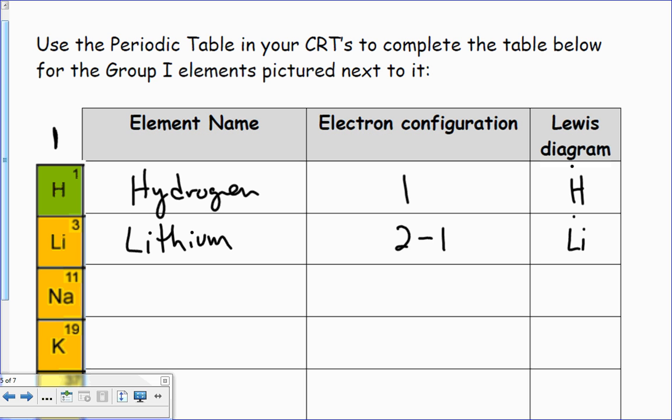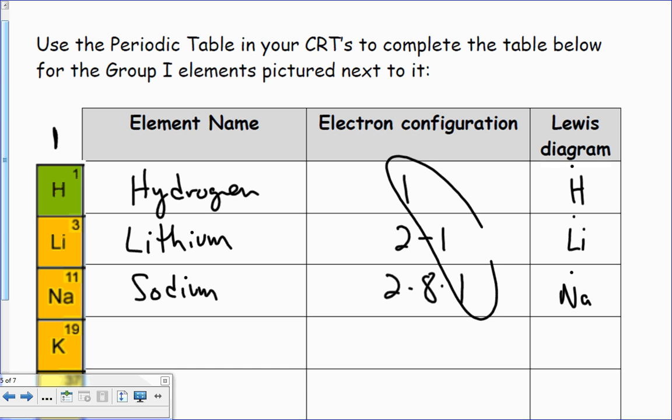All right, I'm doing one more, sodium. You'll be able to figure this out. Ready? Sodium, Na, is 2-8-1. Sodium has 1 valence electron. We're starting to see the trend here: 1 valence electron all the way down the group. My Lewis dots all look almost exactly the same.